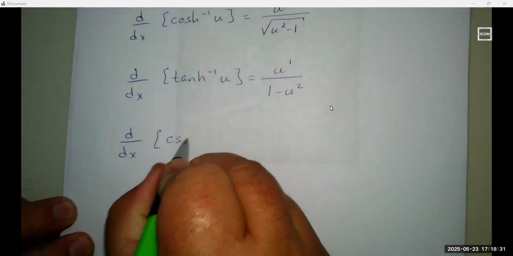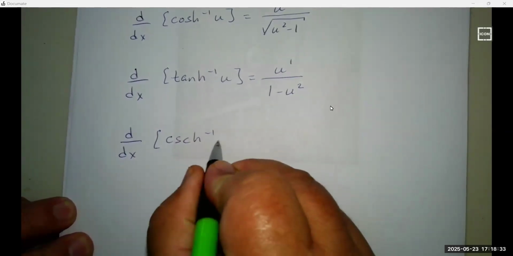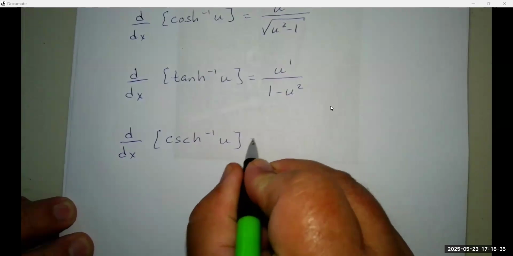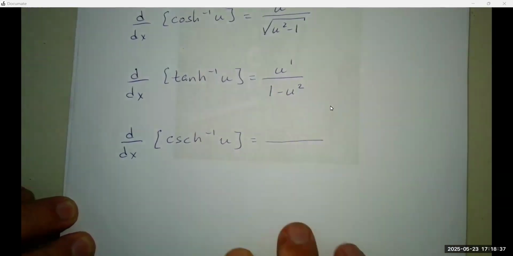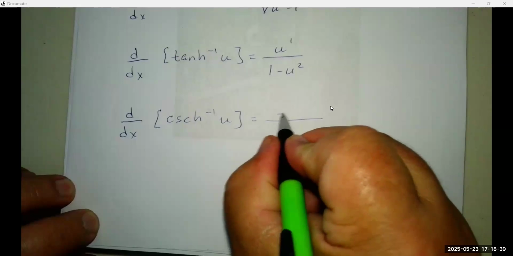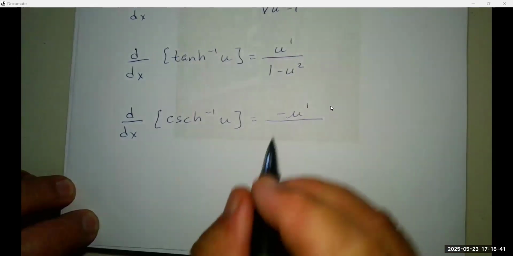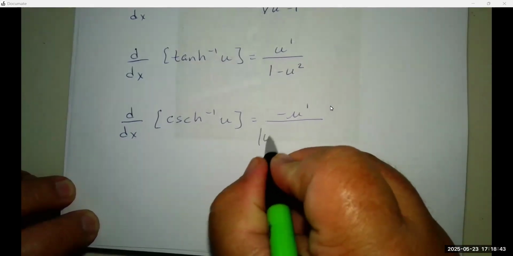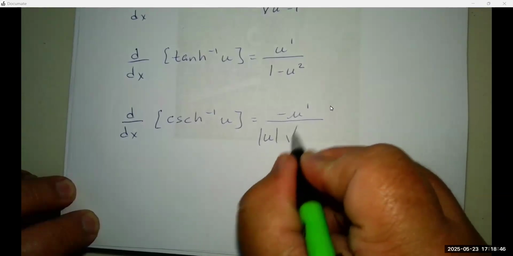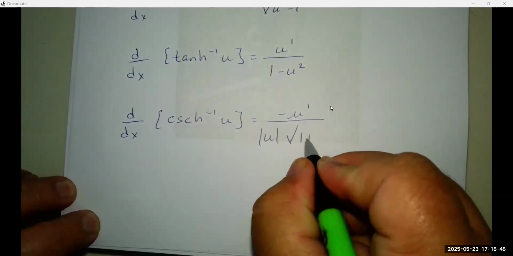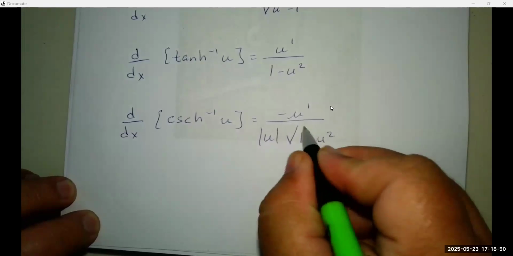So the cosecant hyperbolic inverse is equal to the negative of the first derivative over the absolute value of u times the square root of 1 plus u squared.